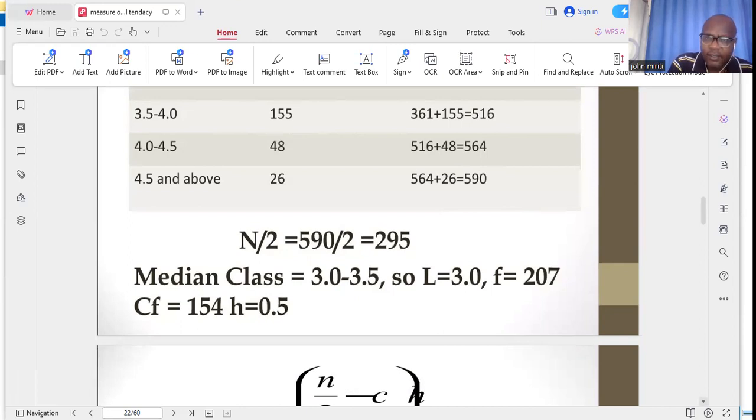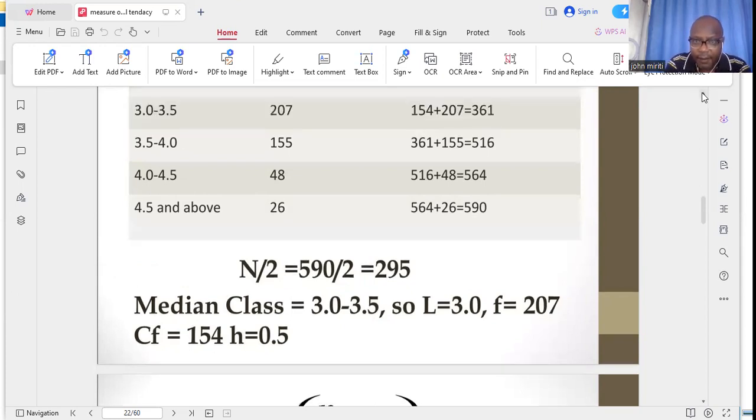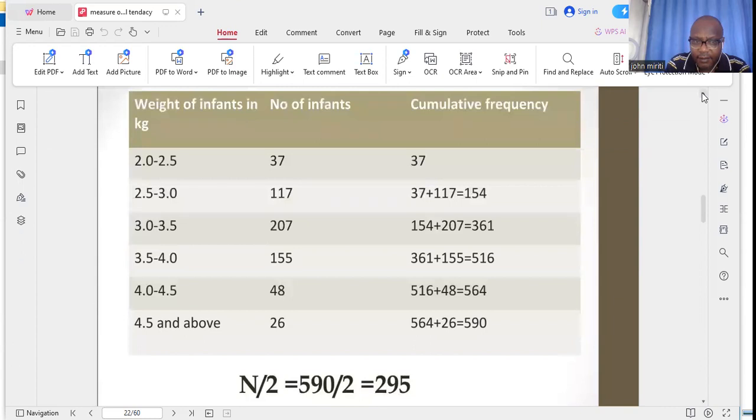Now in this case, you want to know what the median is. So the median class is 3.0. Where is our median? Our median is in this class, somewhere here.